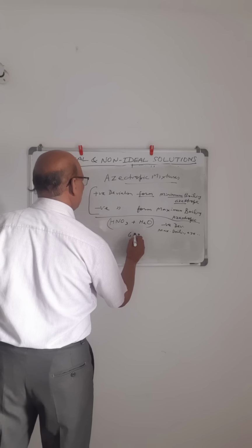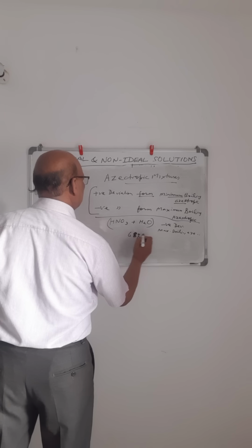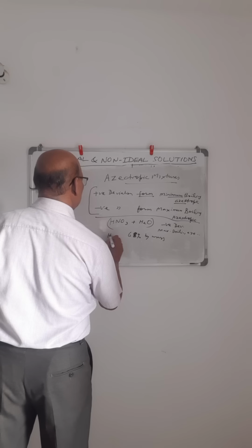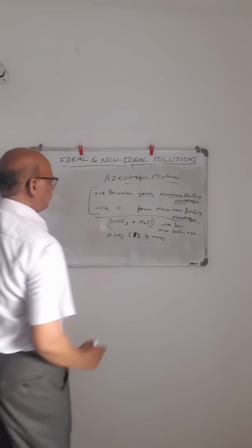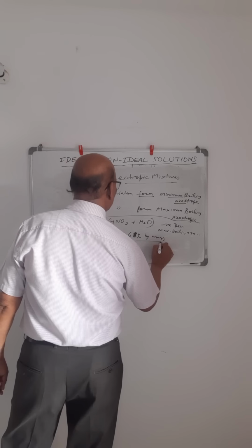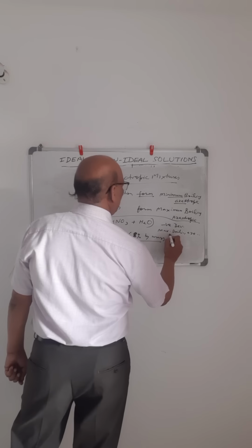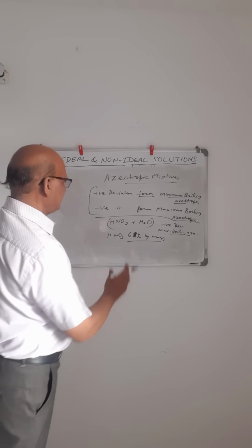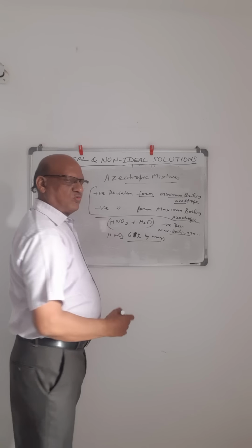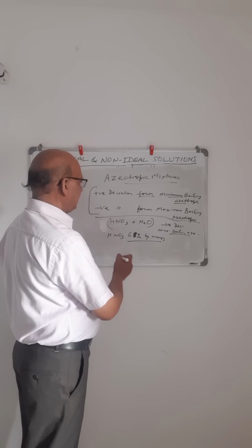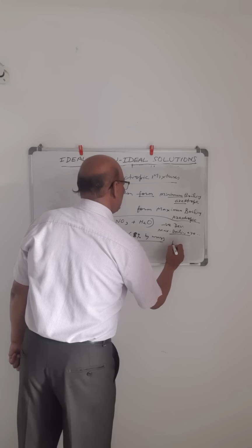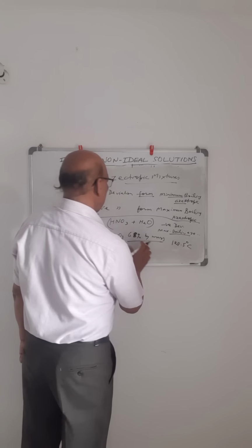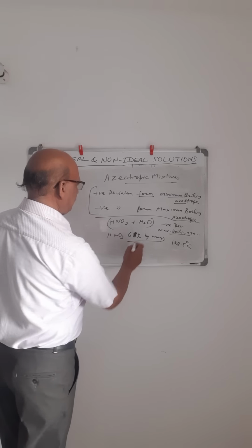When the HNO3 concentration reaches 68% by mass, it will form the maximum boiling azeotrope. That means the boiling point of the mixture will be higher than that of water as well as nitric acid, and it is found to be around 120.5 degrees Celsius at the azeotropic condition of 68% by mass.